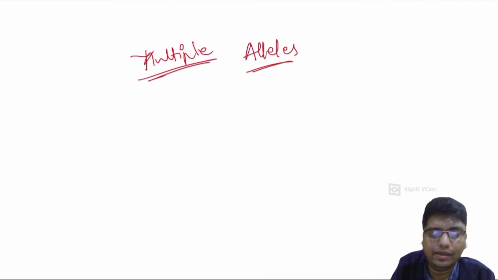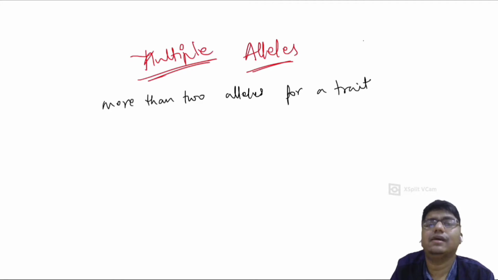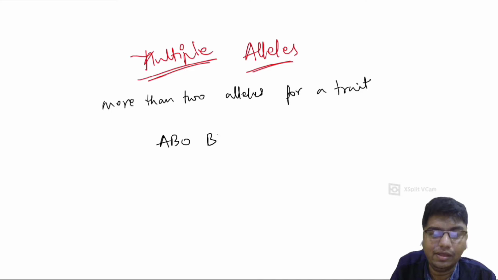Multiple alleles means, in simple words, more than two alleles for a trait. The example is the ABO blood group system.